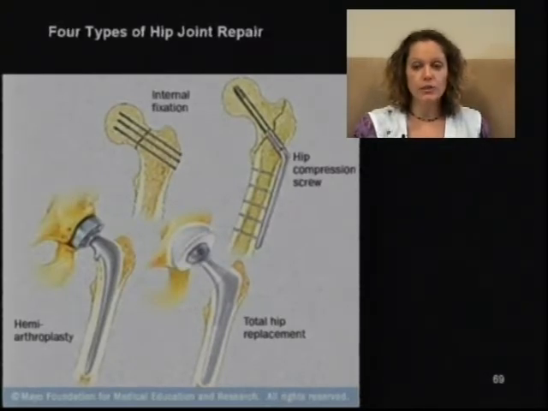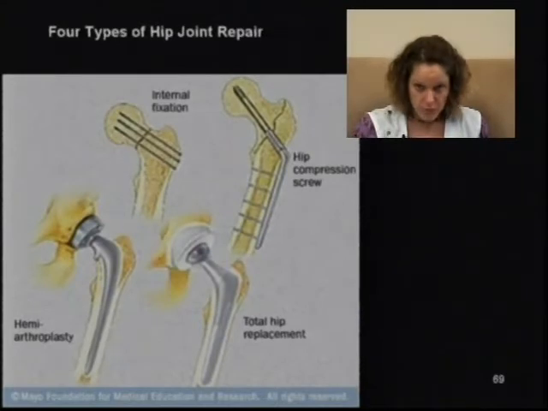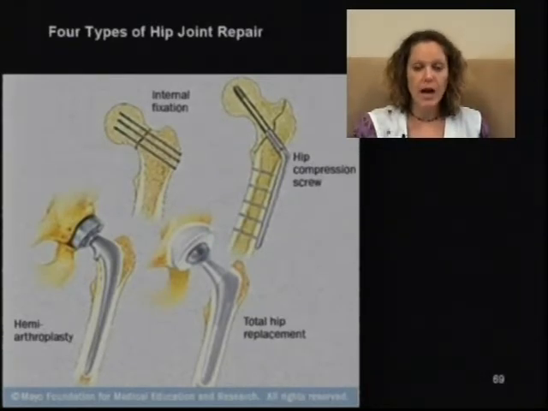And in the one next to it, referred to as the total hip replacement, you can see that not only have we replaced the head of the femur, we are replacing the acetabulum as well. So the acetabulum of the pelvis has been replaced with a prosthetic device, and the head of the femur, as well as the top portion of the femur, has also been replaced with a prosthetic device.